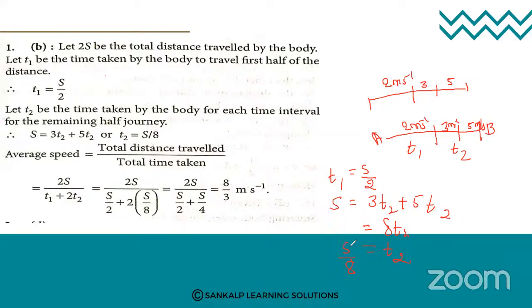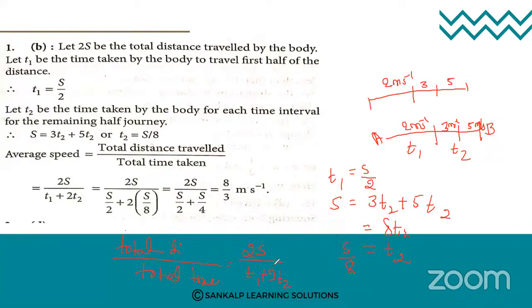Yes. So therefore, average speed is given by what, students? Average speed is taken as the total distance divided by the total time taken. So the total distance we have considered as 2s, divided by the total time, which is T1 plus 2T2. Why plus 2T2?